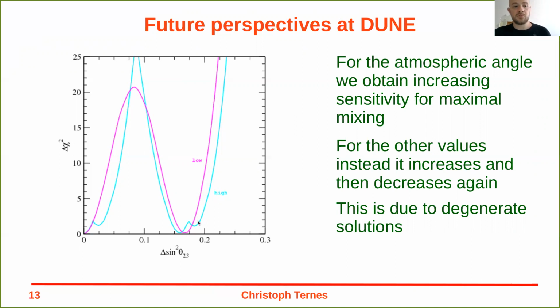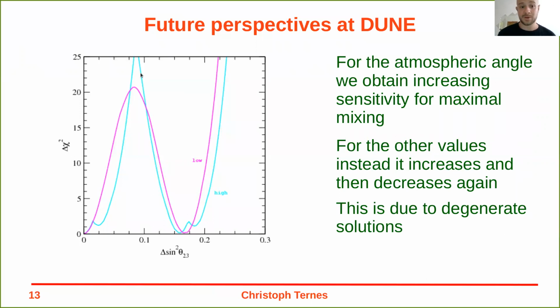And this, of course, appears due to the degenerate solution in the measurement of sine squared theta 2-3. And this means that if CPT is violated in nature, and the difference is around 0.17, DUNE would be blind to see this effect.